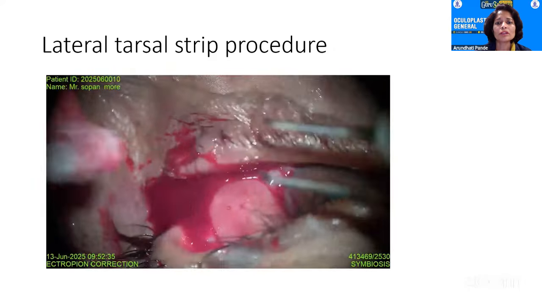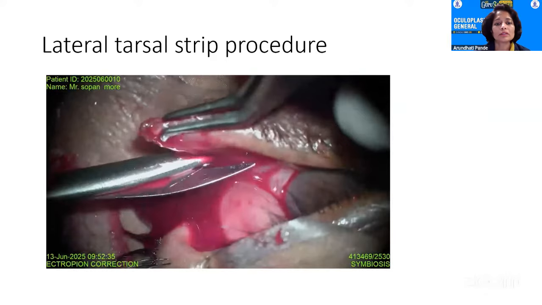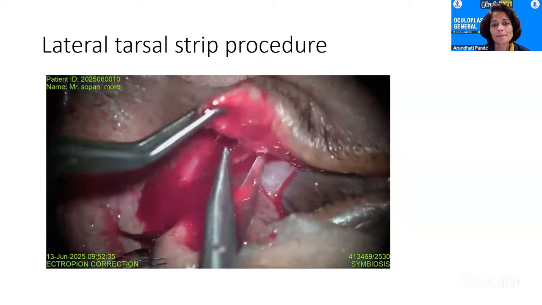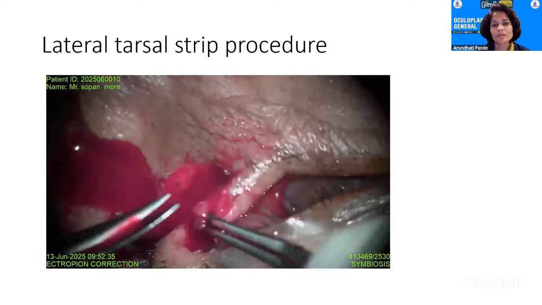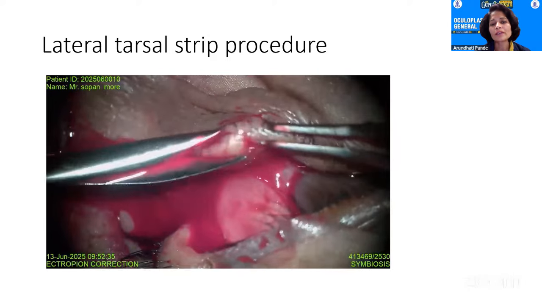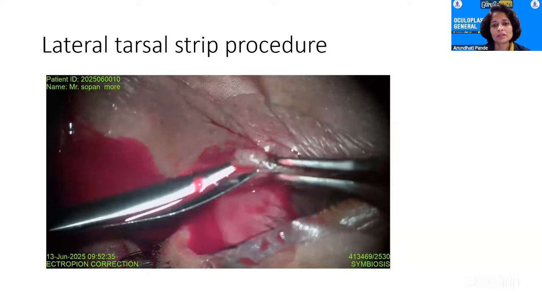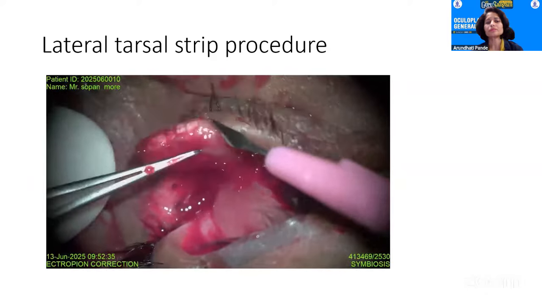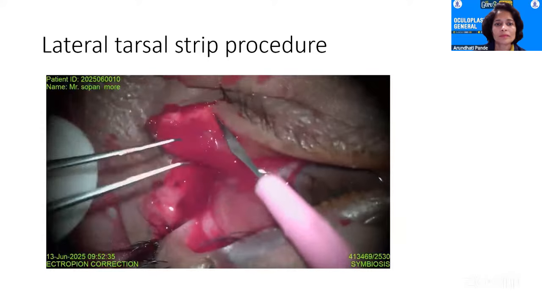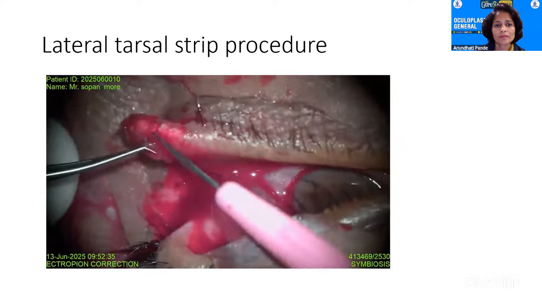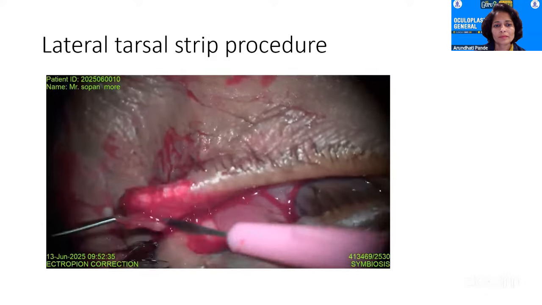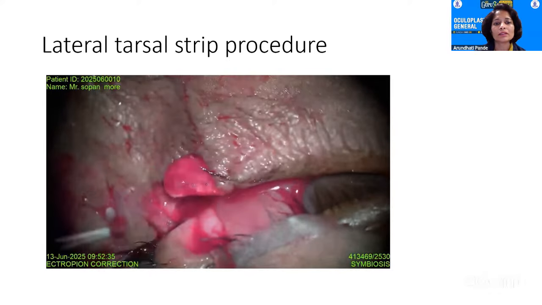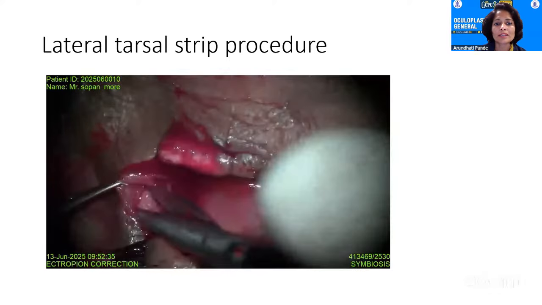I was just measuring, taking the measurement with the caliper, a measuring caliper. I'm going anteriorly and then posteriorly. The eyelash margin is removed. I was judging how much tarsal plate is required. Then the extra part is removed.